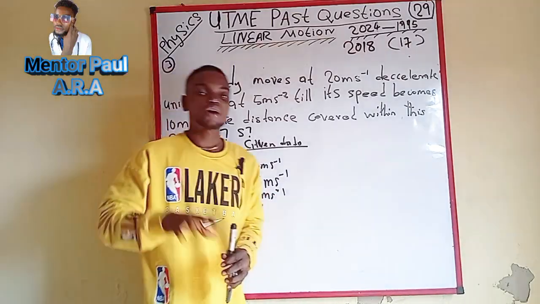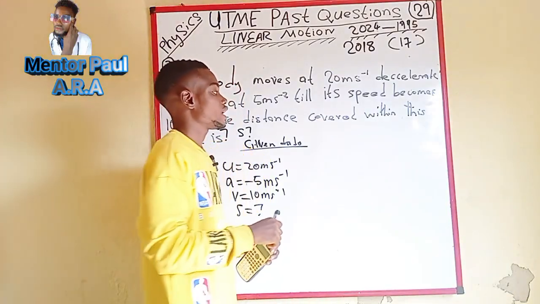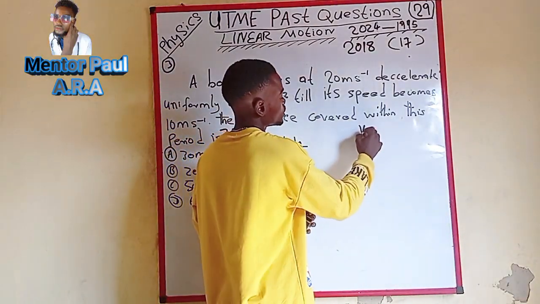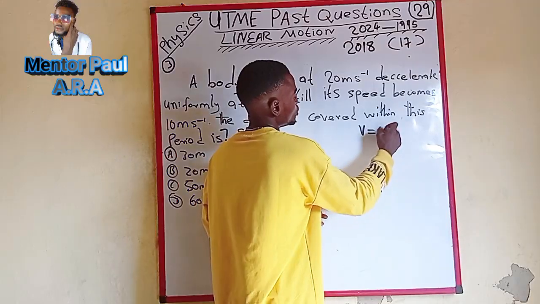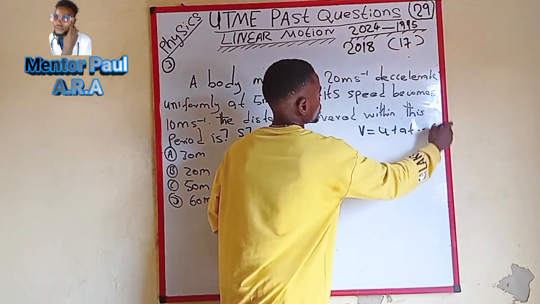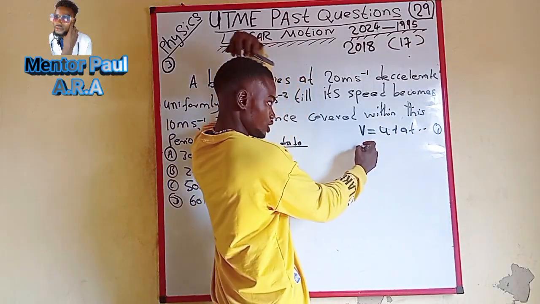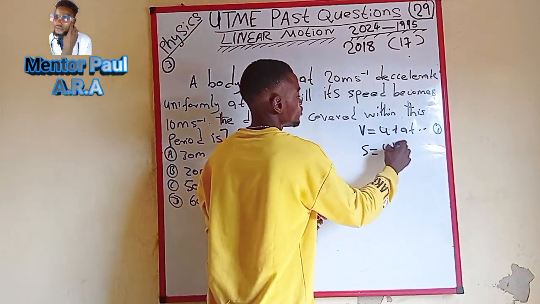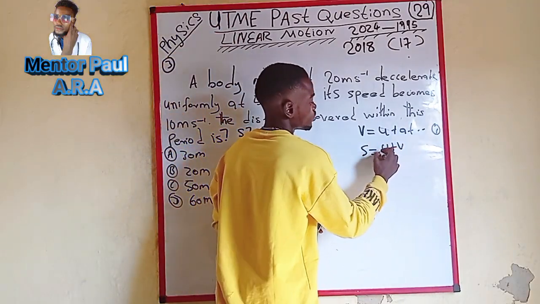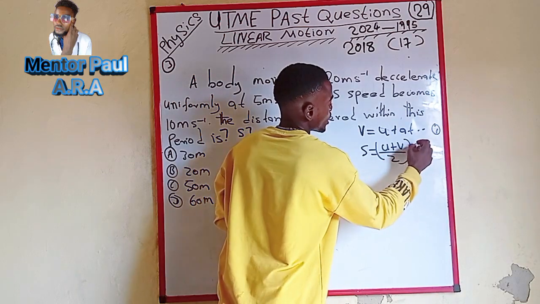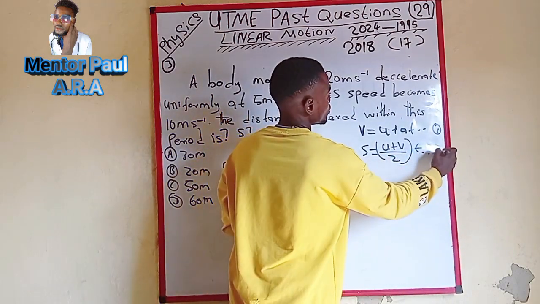Again, you should have the four equations of motion at your fingertips. The first one is v equals u plus at, equation 1. The second equation is s equals the average velocity, u plus v over 2, multiplied by time. This is equation number 2.